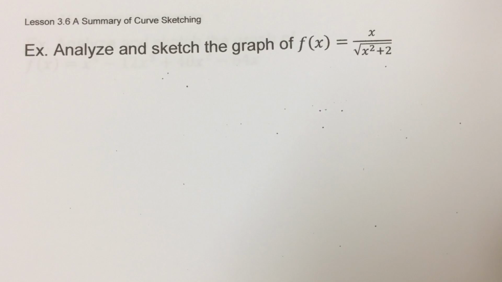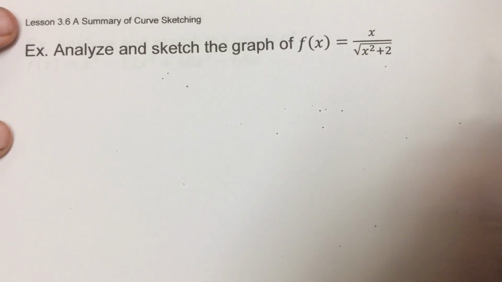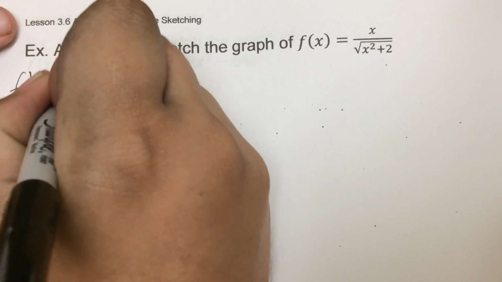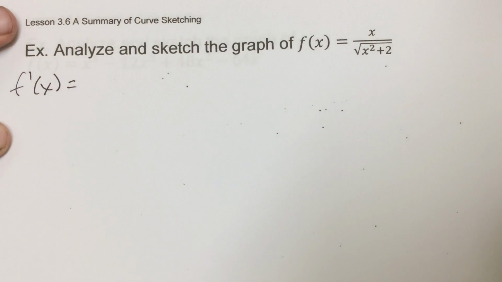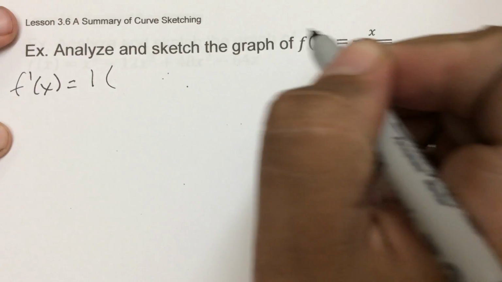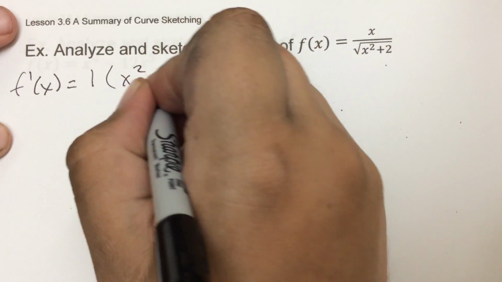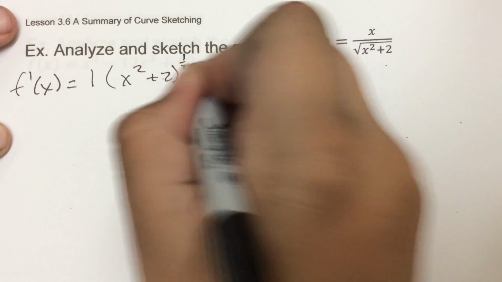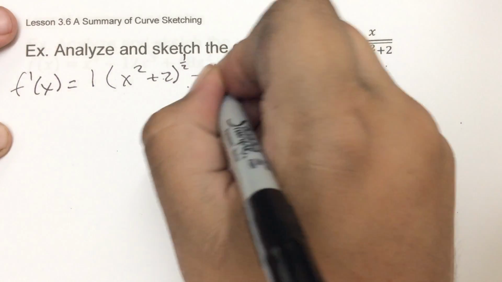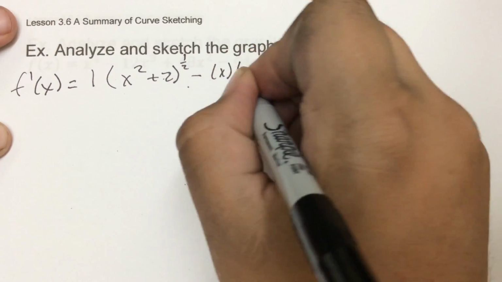Now, square roots can get a little tricky. But here's how this will work. So first derivative. The derivative of the top would be 1 times the bottom, and I'm going to write this as x squared plus 2 to the 1/2, minus our top of x times our derivative of the bottom.